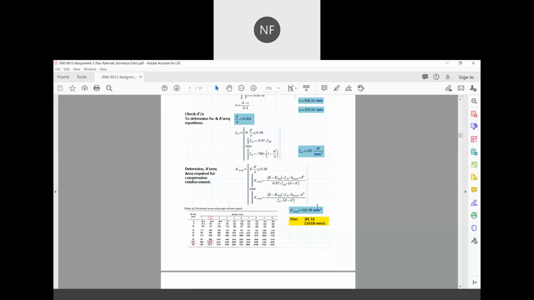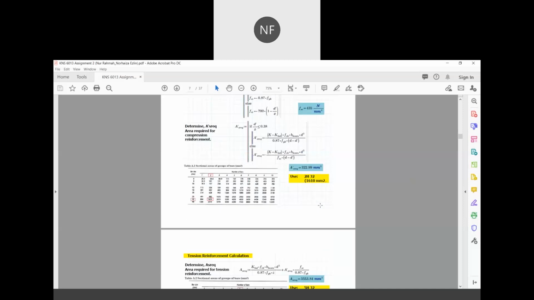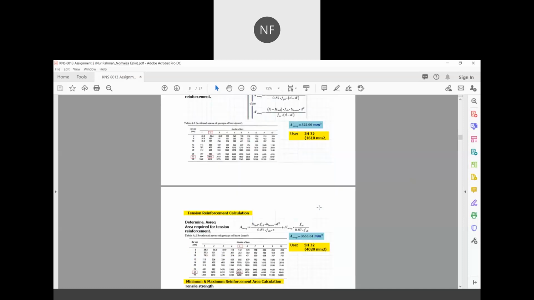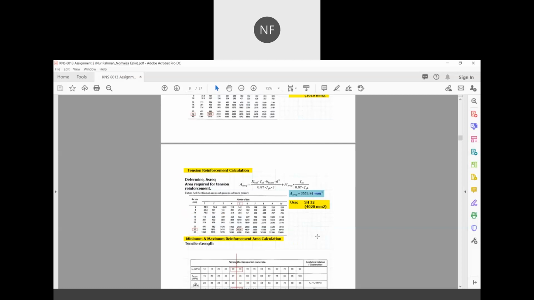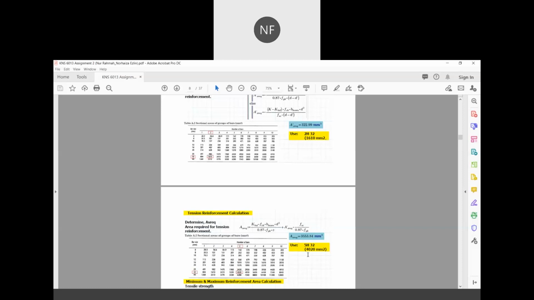Based on the table, we are going to compare the calculated area, and choose the area that is more than the calculated required area. So based on the table here, we're going to use 2H32, which is equal to 1610 square millimeter, since it is more appropriate.